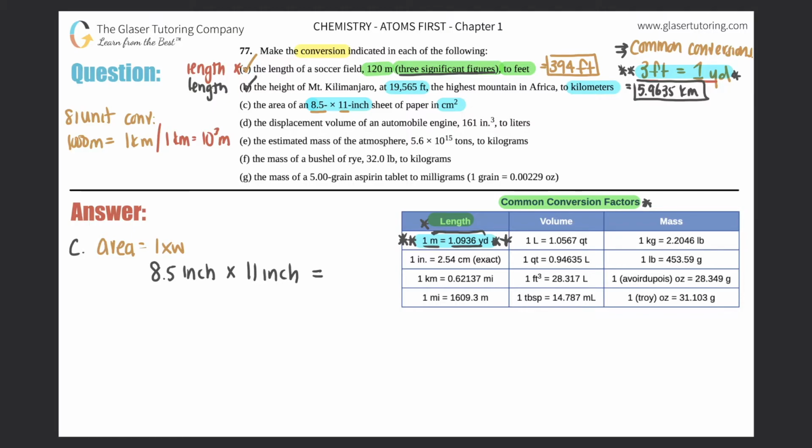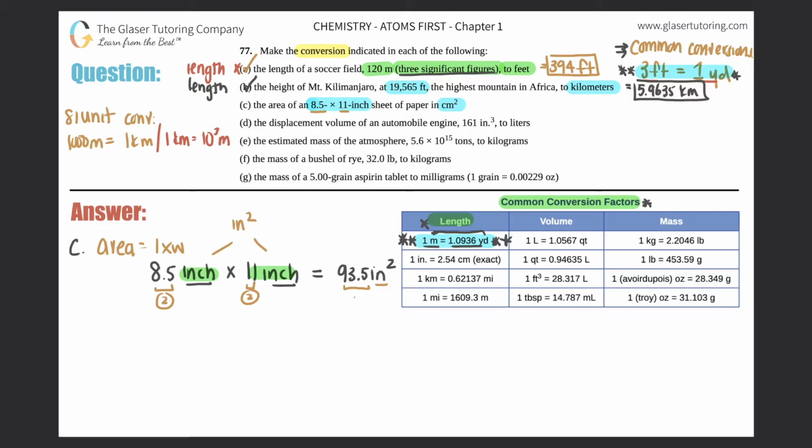So 8.5 times 11 would be 93.5 inches squared, because inch times inch, you have 2 inches here, right? Inch times inch. So you have inches squared. That's where we get that. But now there's 2 sig figs here, right? 8.5, there's 2. 11, there's 2. So this has to be 2 sig figs.